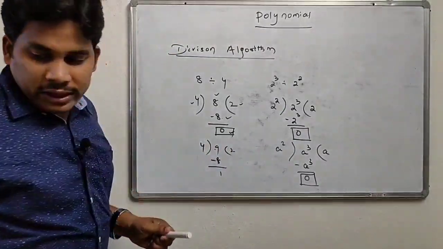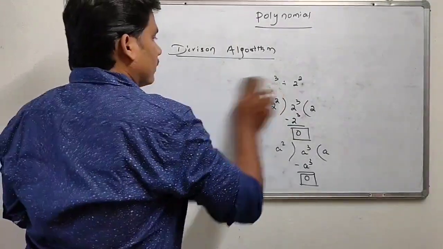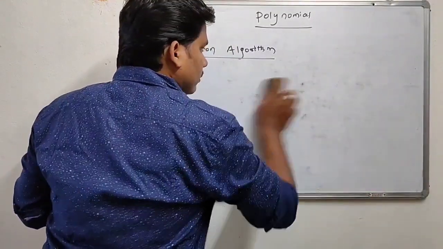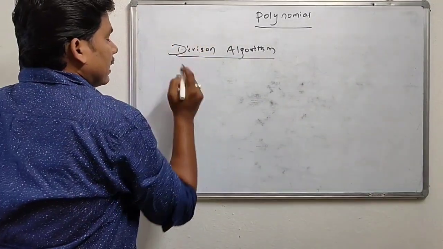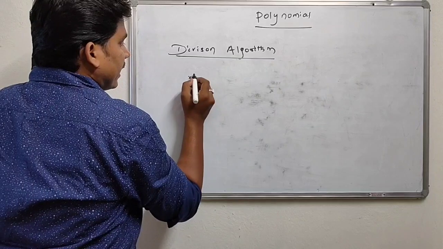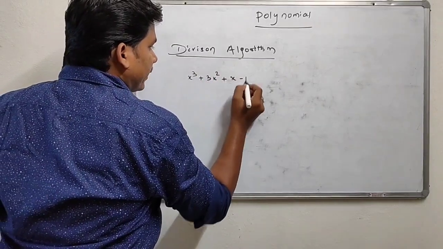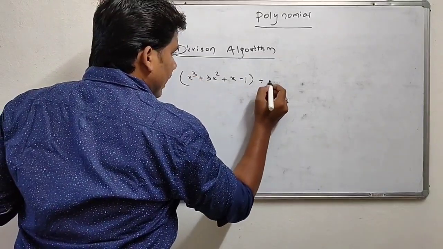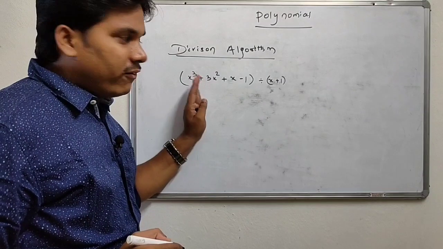See, how can we do this? I will do x cube plus 3x square plus x minus 1 divided by x plus 1. See, this is a polynomial of x.